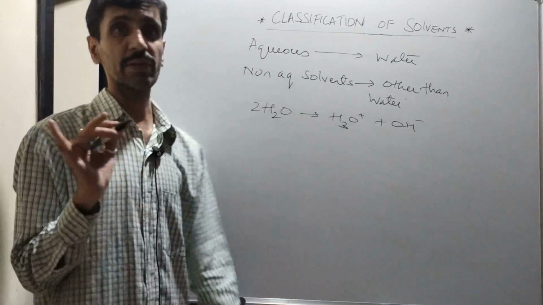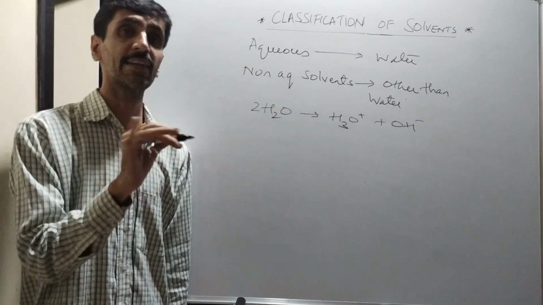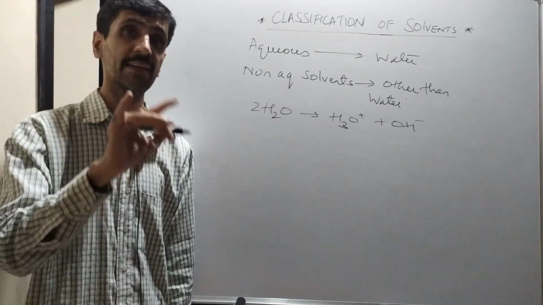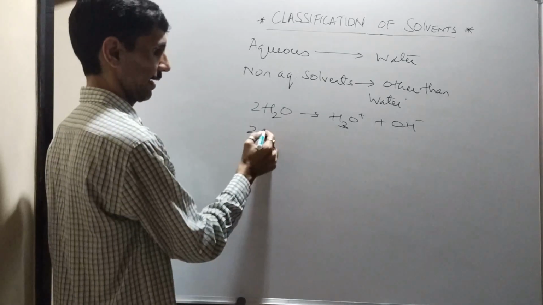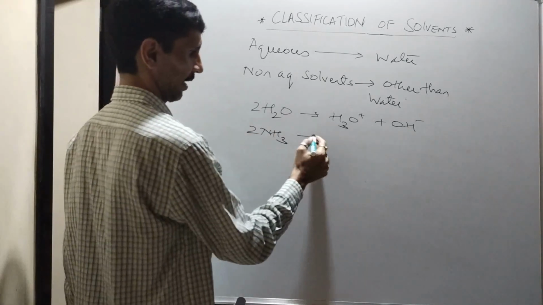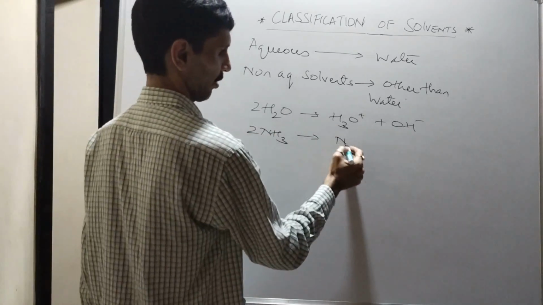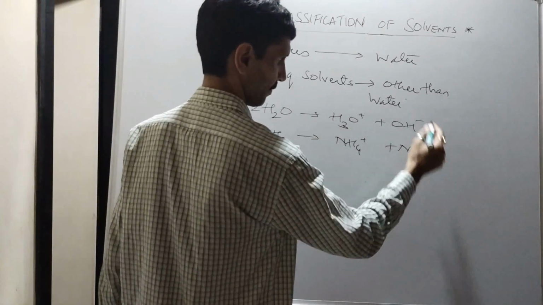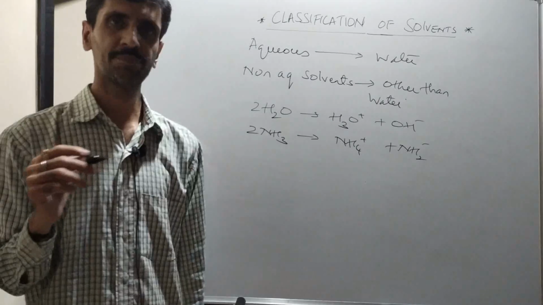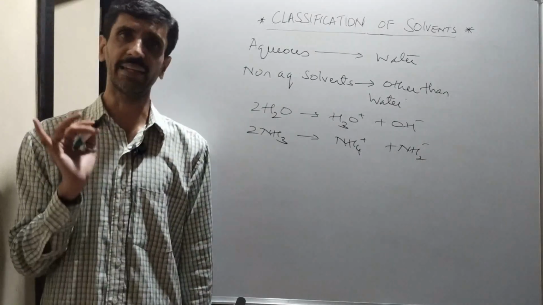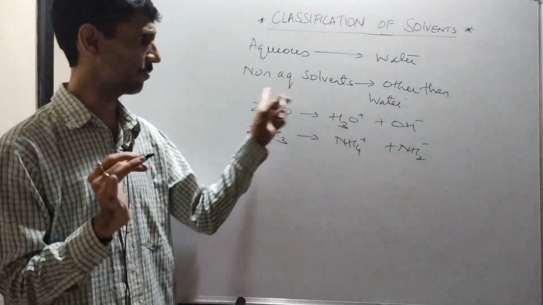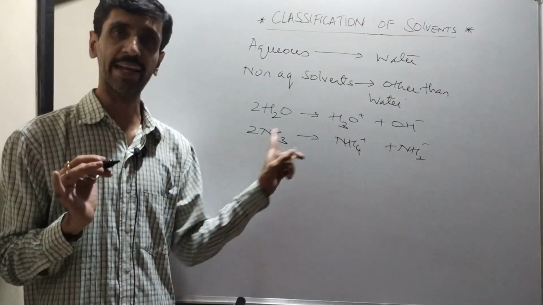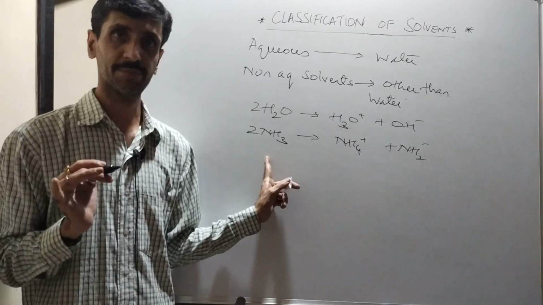Now if I'm going to take an ionizing non-aqueous solvent, which solvent will I take? Ionizing non-aqueous, that is, I take ammonia, 2NH3. So it is going to give me NH4 plus and NH2 minus. Okay, this is what I get. Now here I want to tell you one thing, and that is the cation of water is similar to the cation of the non-aqueous ionizing solvent.